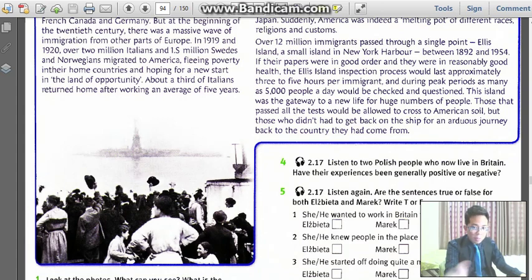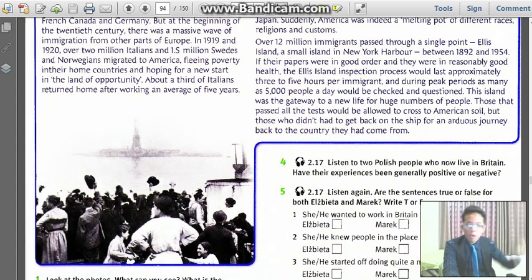The part that people are standing in, that is Ellis Island. Ellis Island is the place where immigrants used to be assessed before entering the country. The Statue of Liberty represents freedom and opportunity, which is clearly what these people are seeking.